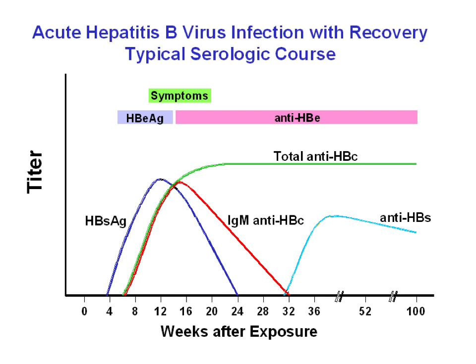Now let's look at the typical serological course when somebody's been infected with hepatitis B. So remember, most people infected with hepatitis B have an acute infection, and that's what we're going to look at first.